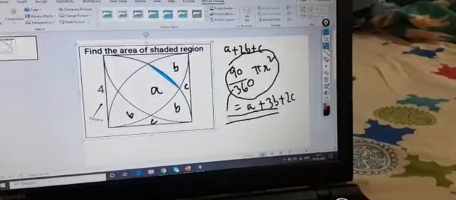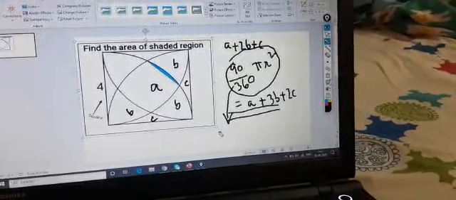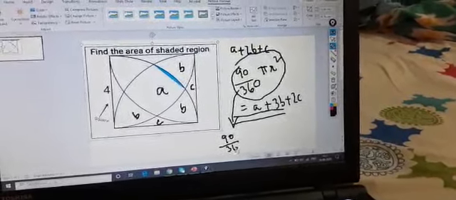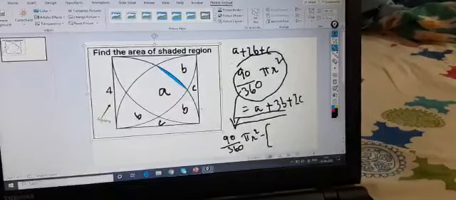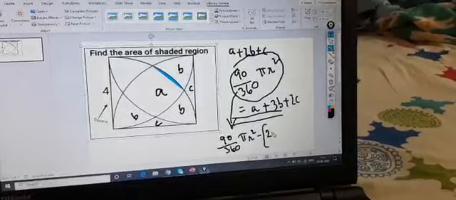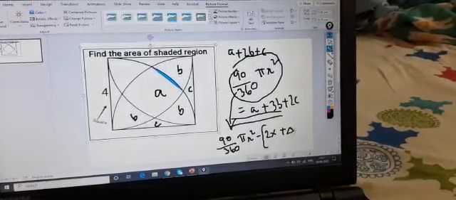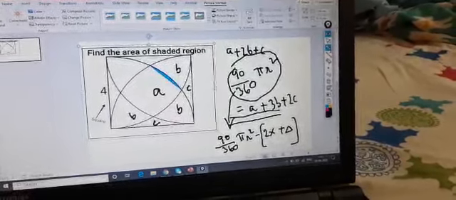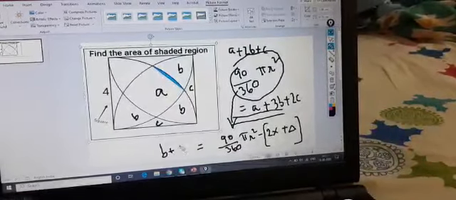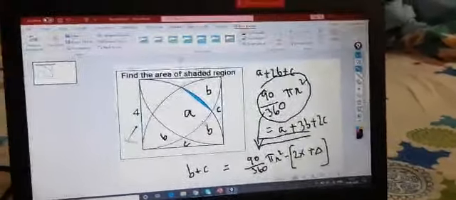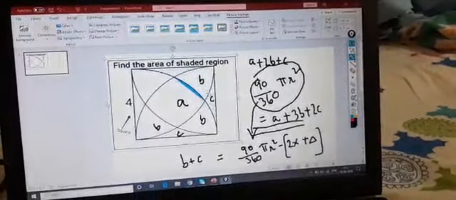I'm copying this part again. So it is 90 by 360 pi r square minus 2X plus area of equilateral triangle. This is nothing but B plus C. So now you have area of B plus C as well.